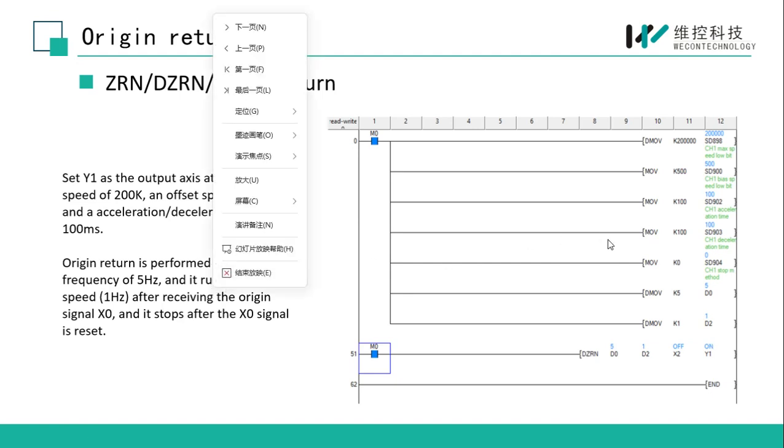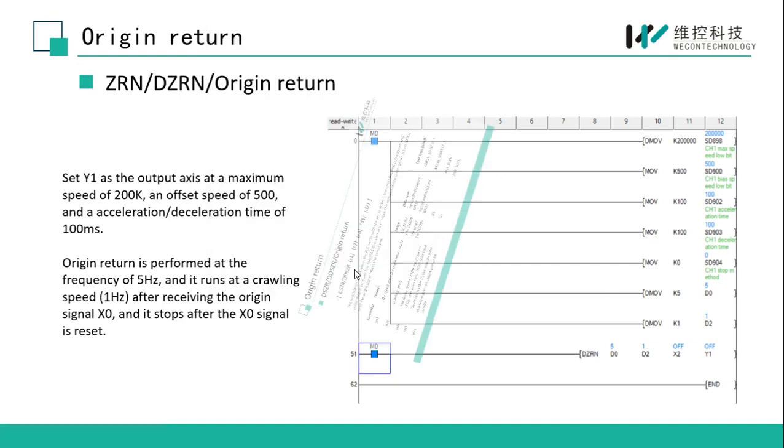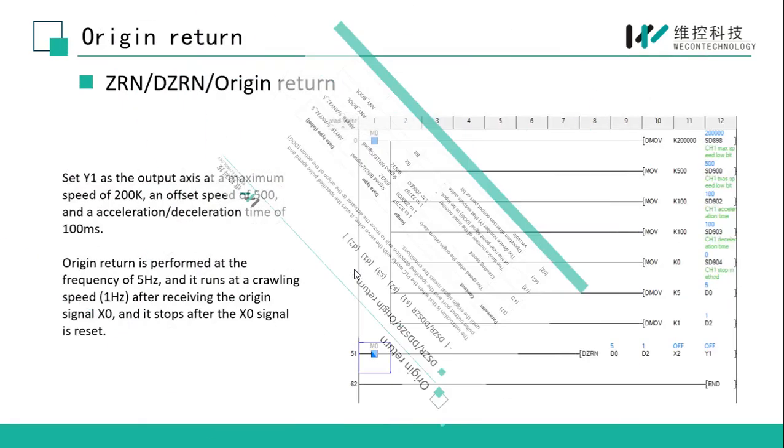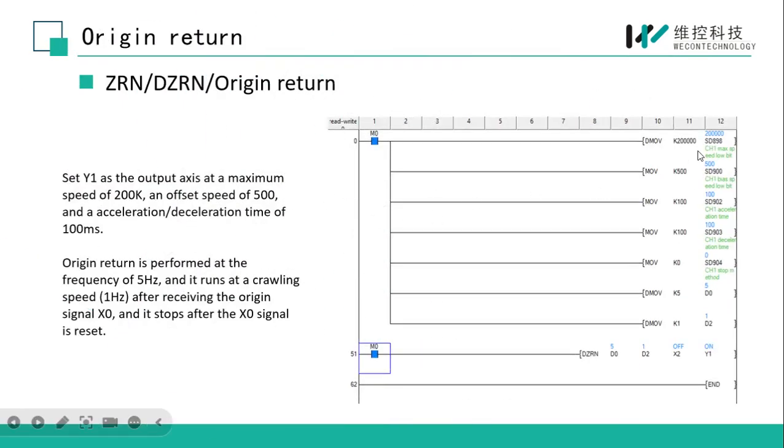As we can see in this demo, first we can set our max speed, bias speed, acceleration time, deceleration time and the stop mode depending on our requirements.